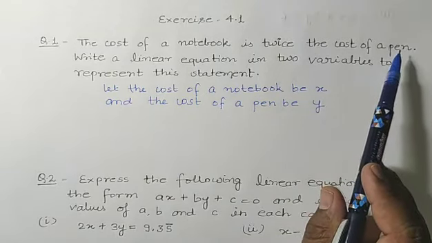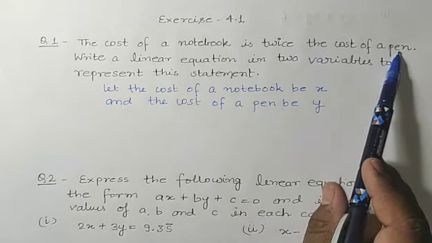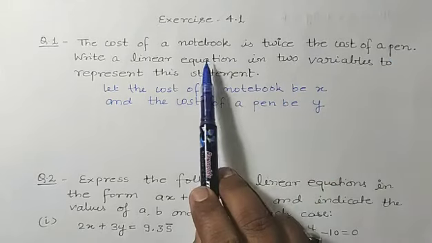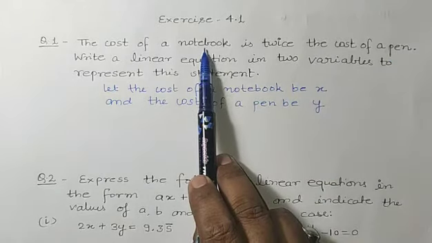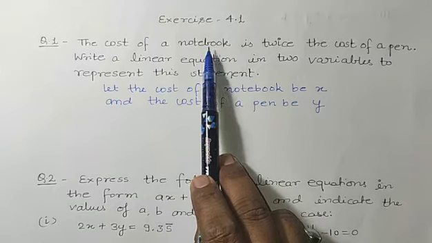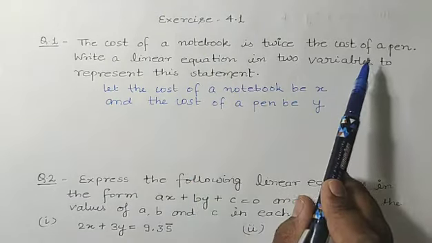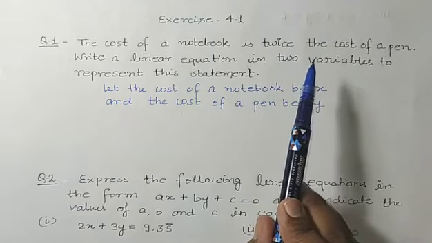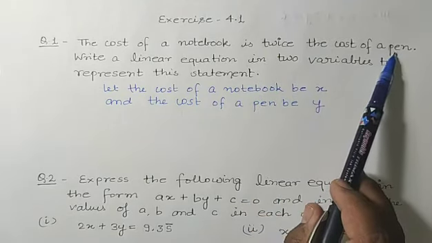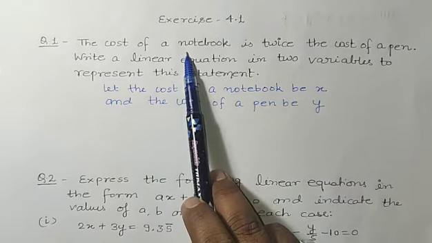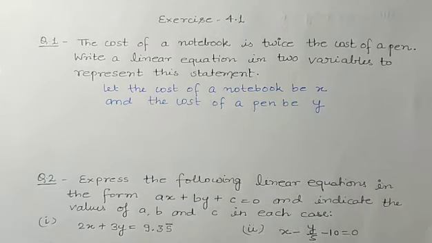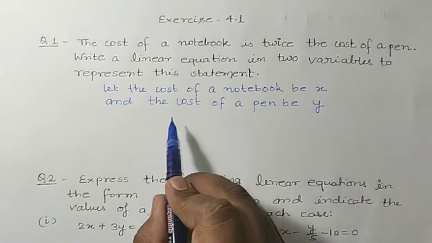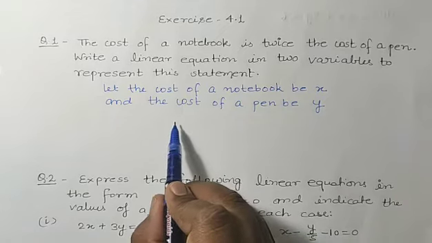Suppose the pen is of rupees 5, then what will be the cost of the notebook? The cost of the notebook will be twice the cost of the pen, and twice means double of the pen. So if the pen is of rupees 5, then the notebook will be of rupees 10. So how can we write a linear equation?